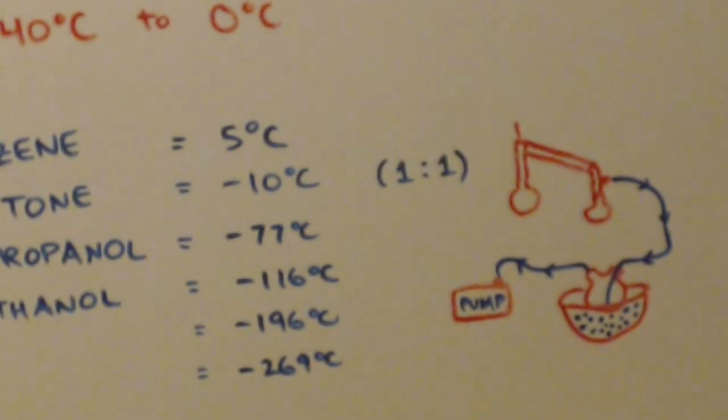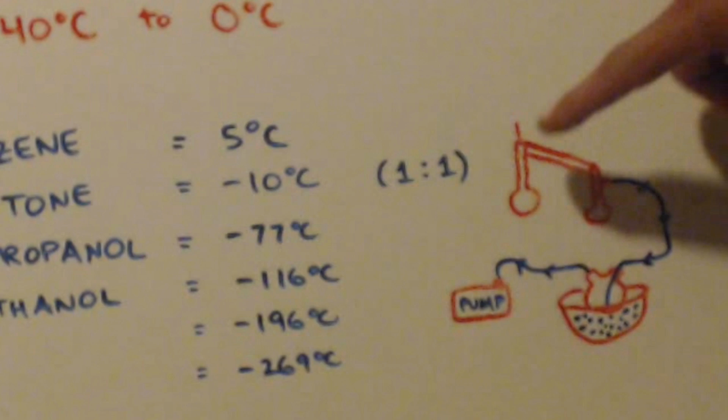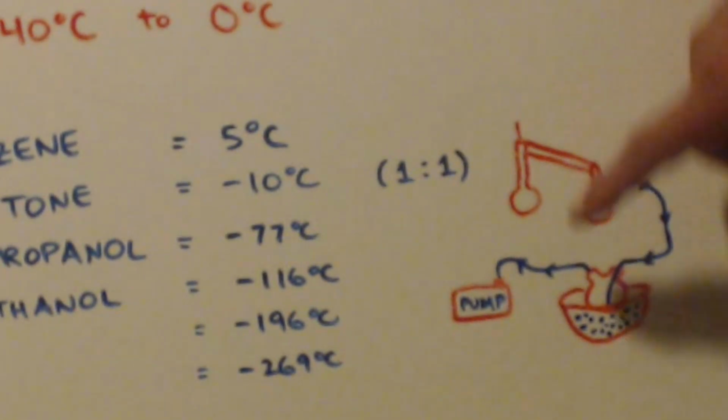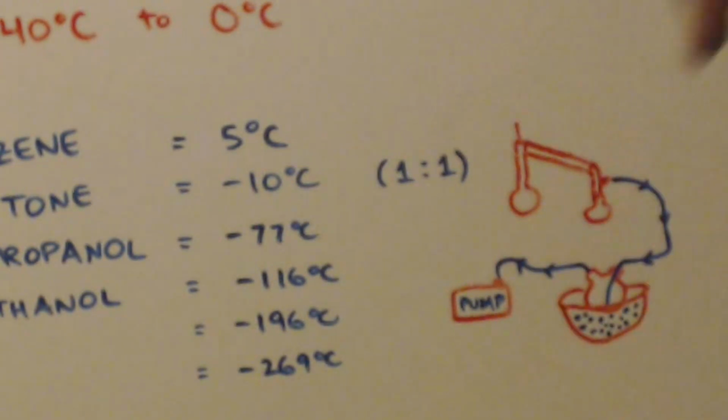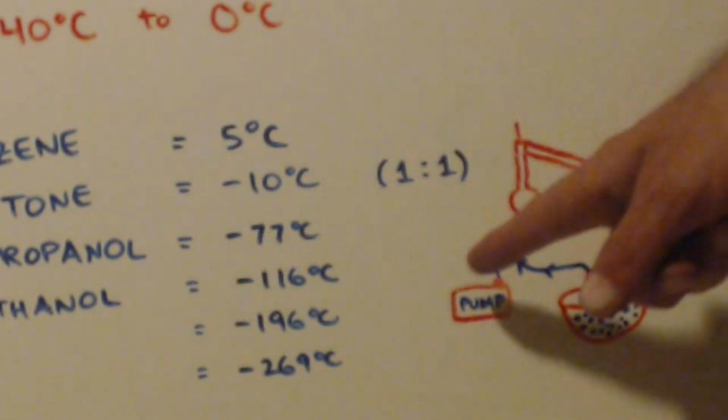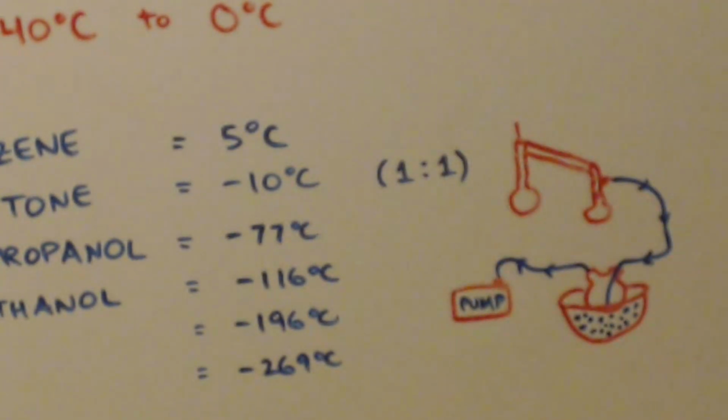Now, another thing you can use it for, so let's say you have a distillation set up like this and you have a vacuum pump, right? The hose comes to the pump and you pump it out. And that stuff, it just pumps it into the air unless you have a fume hood or whatever, or you can lead it outside.